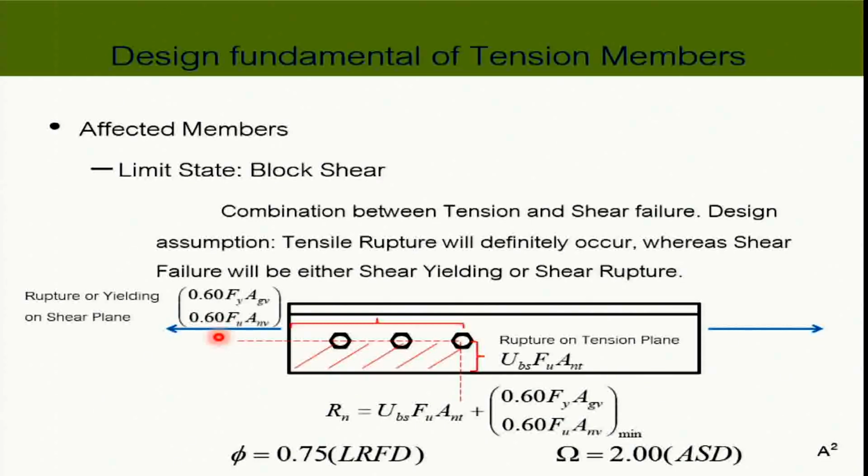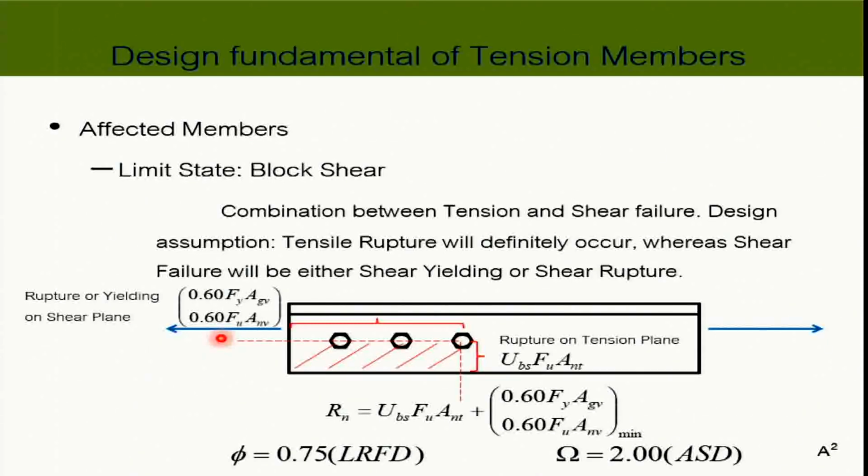Okay? The 0.6 is the number that we use to relate the tensile strength of steel to shear strength. So we can safely say that the shear strength of steel is approximately 0.6 multiplied by the tensile strength.